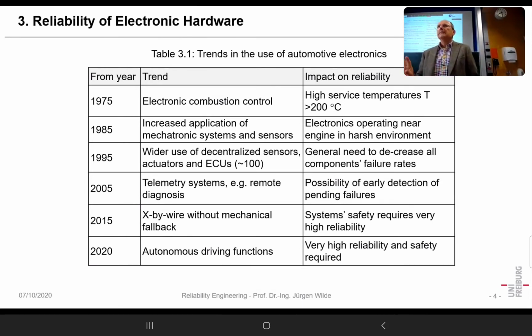Not yet really steer by wire. And that requires very high safety. Also, it requires not only a unidirectional control system, but it also needs, for instance, feedback of the system to the driver.